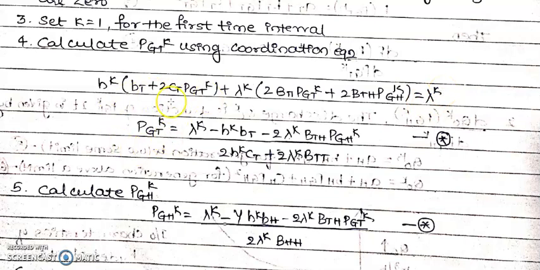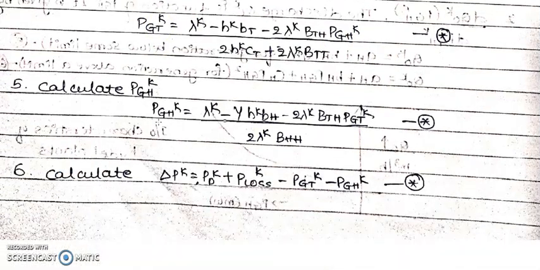If you want to derive the equation for PGT raised to k, then this will be your equation: lambda raised to k minus hk into bt minus 2 lambda raised to k into bth into pgh raised to k, divided by 2 hk ct plus 2 lambda k bt. This will be your equation for pgt raised to k.